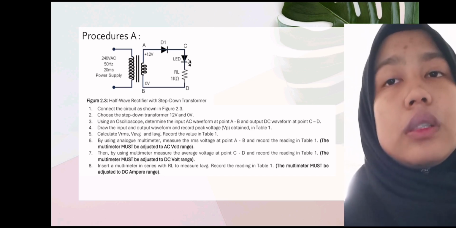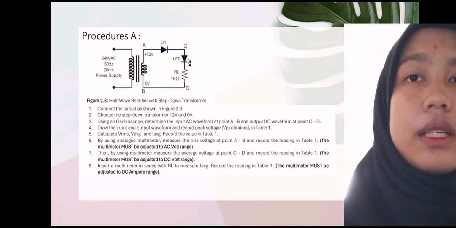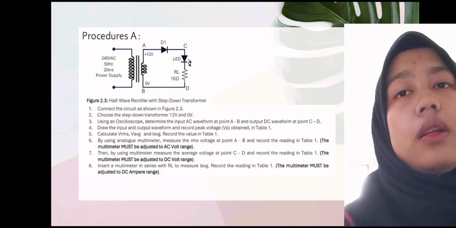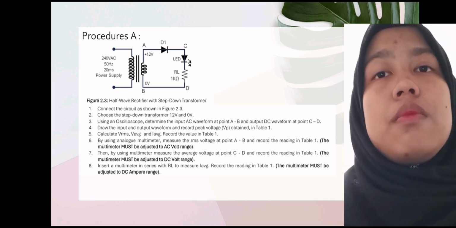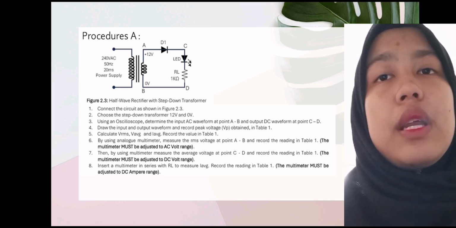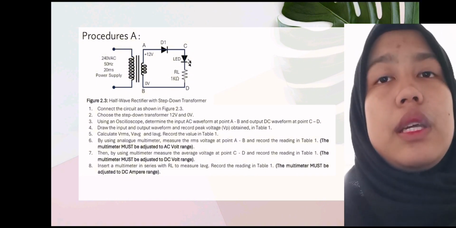After that, we need to calculate the VRMS, V average, and I average. Then, using the analog multimeter, we need to measure the RMS voltage at point A to B and record the reading.